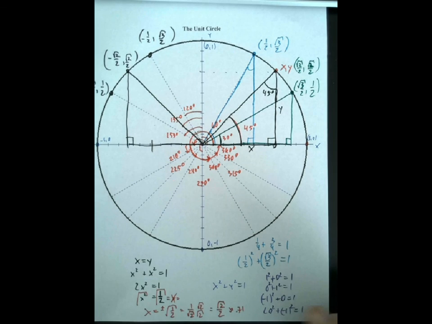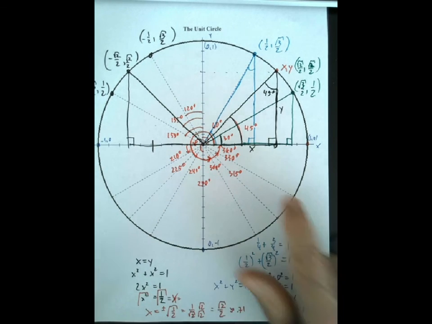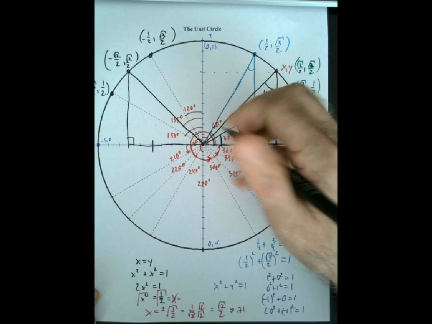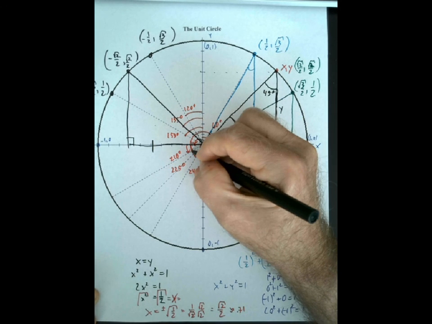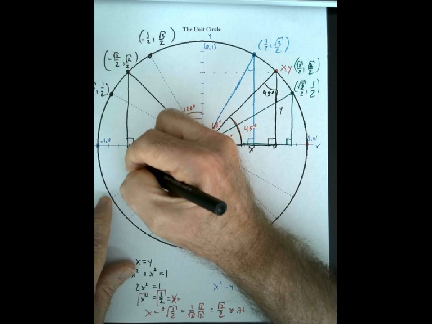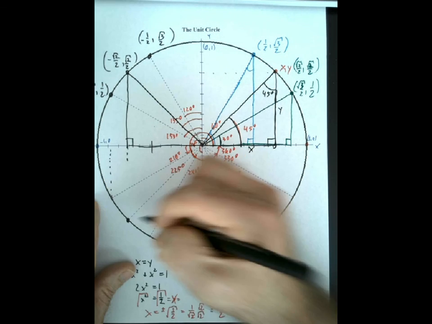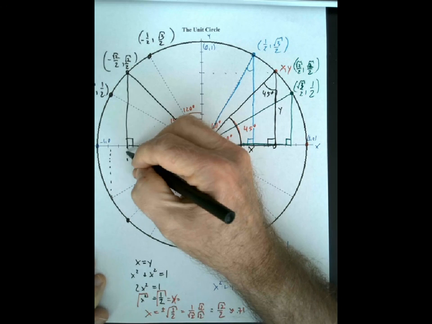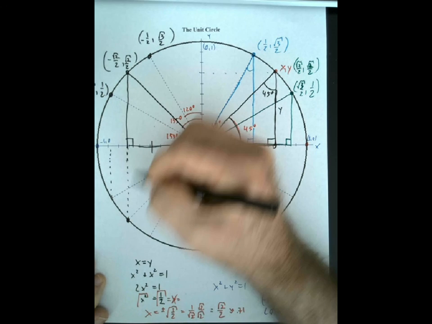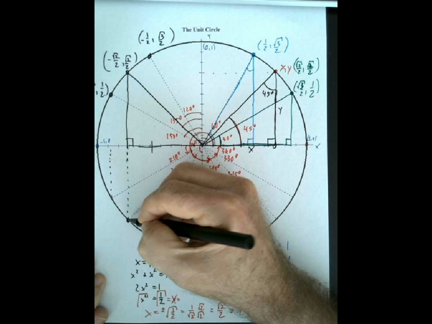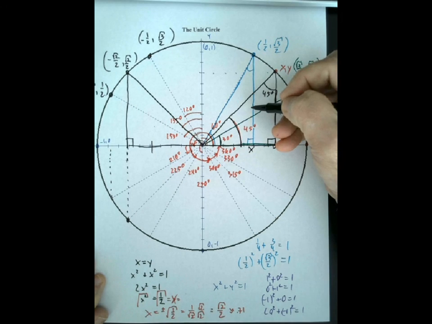Okay? Now down here, it's going to work out the same way. This 210-degree angle, which was over here, you can see that's going to be... Actually, we'll do this one here first. The 225 one, that's the same distance down that 135 and 45 are up.